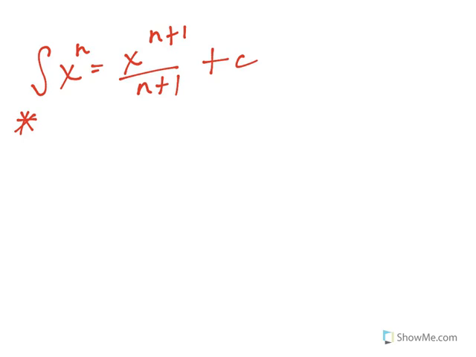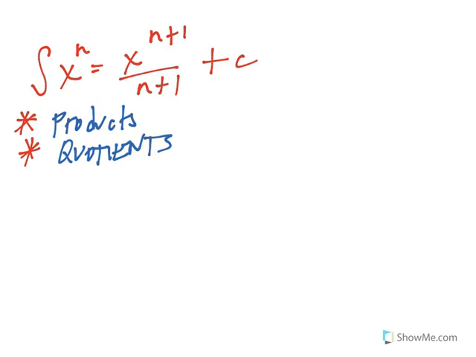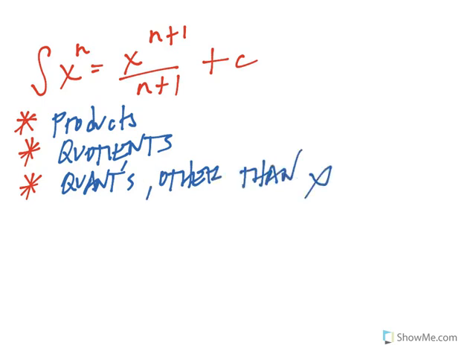So the items on the prohibited list are products, quotients, or quantities other than x raised to a power, which I think makes sense.